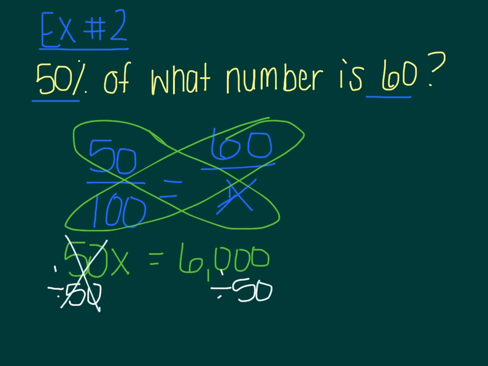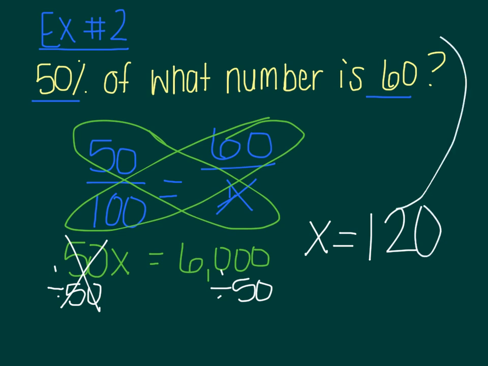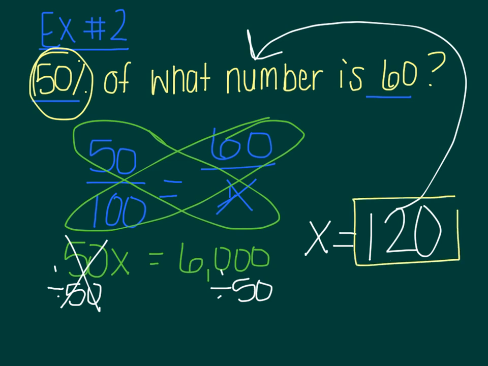This side cancels itself out. We do 6,000 divided by 50, which equals 120. So 50% of 120 is 60. So when you really think about what it's saying, we know that 50% means half. So half of 120 is 60, which makes sense.